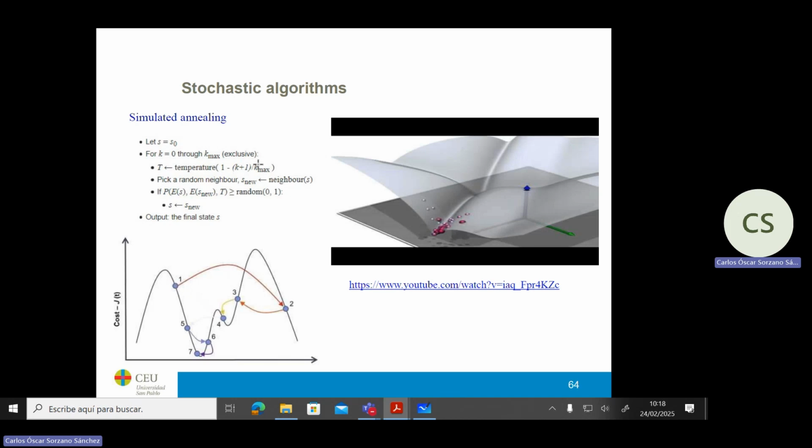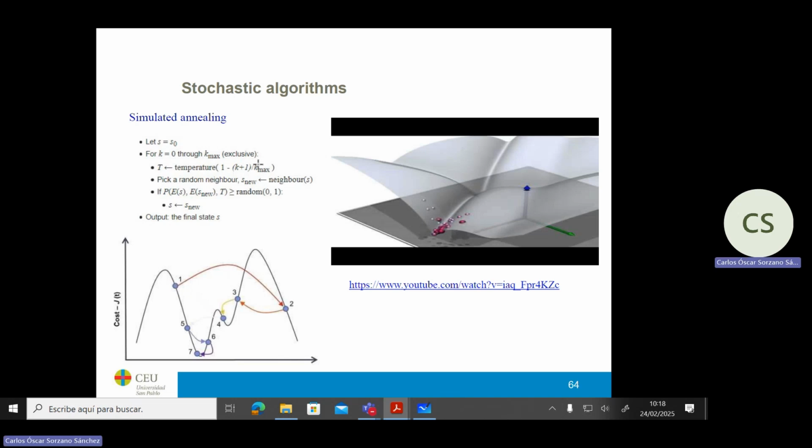By gradient descent, you would never accept this solution. But by simulated annealing, you accept it with a given probability. And this probability is a function of the temperature, and this temperature decreases over time. So you see that the temperature decreases over time, and the probability of accepting a new solution, even if it is worse, depends somehow on the temperature.